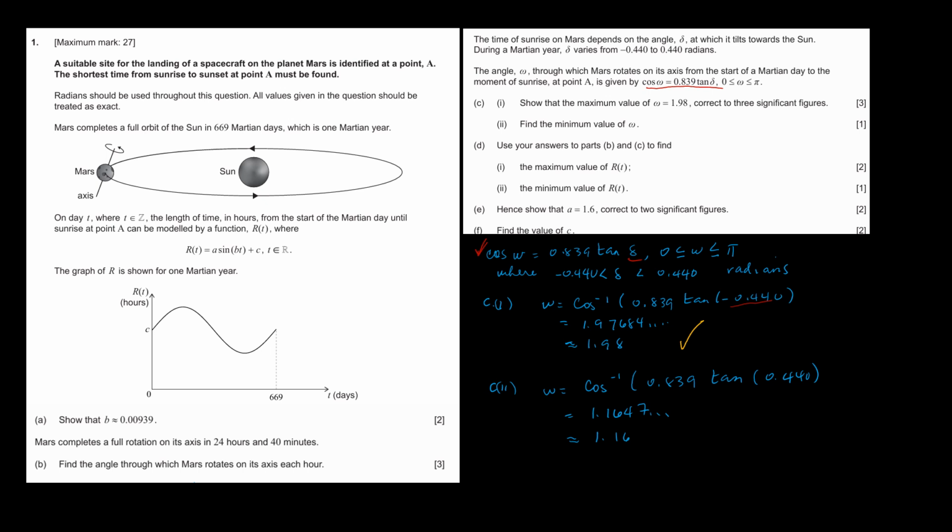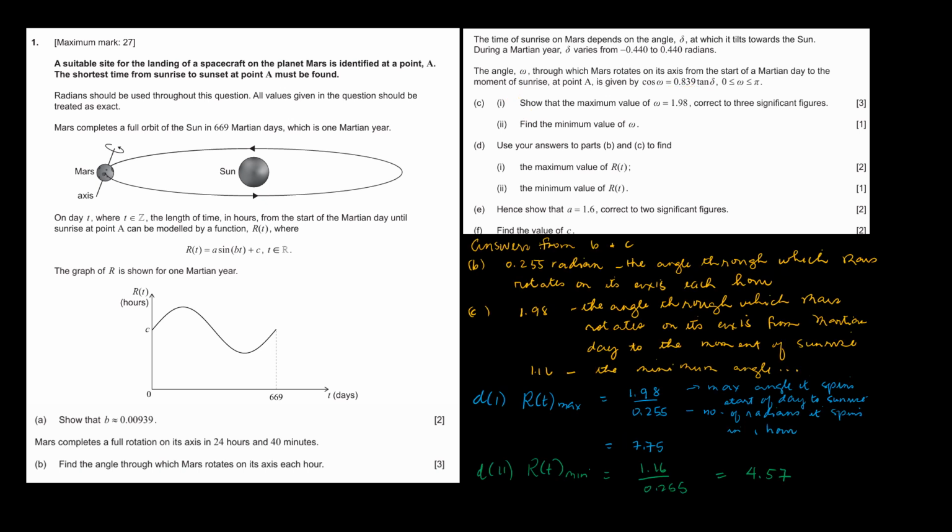So we're able to get this part correct. And then to get the other angle, we substitute the delta, which is 0.440 from here, and that gives us 1.116. So this has been solved.